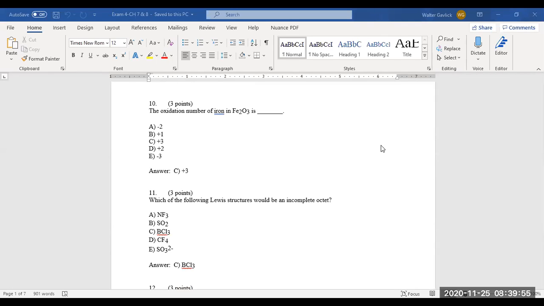We get that because we know that oxygen, unless it's peroxide, is always -2. So -2 times 3 gives us -6 charge for the 3 oxygens. That means the Fe2 has to be a +6 charge contribution, and since there's 2 of them, Fe by itself is +3.